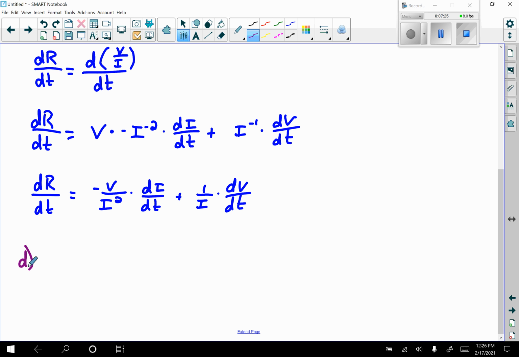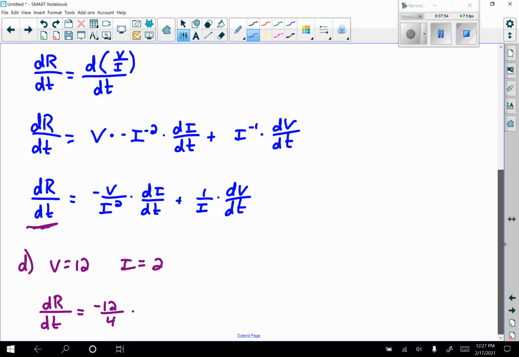Now in part D, it says find the rate at which R is changing, so that's dR over dt, when V is 12 and I is 2. And they want us to answer, is R increasing or decreasing? Explain. So dR over dt is equal to negative V over I squared, so that's negative 12 over 4, times dI over dt from part B, that was negative 1/3.